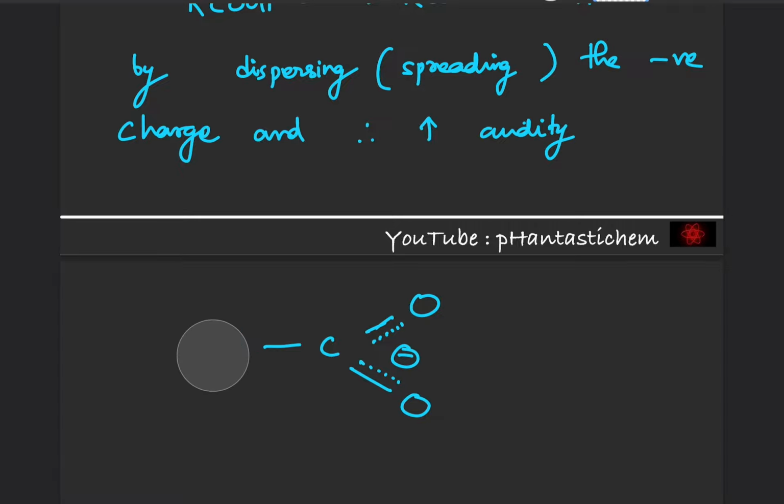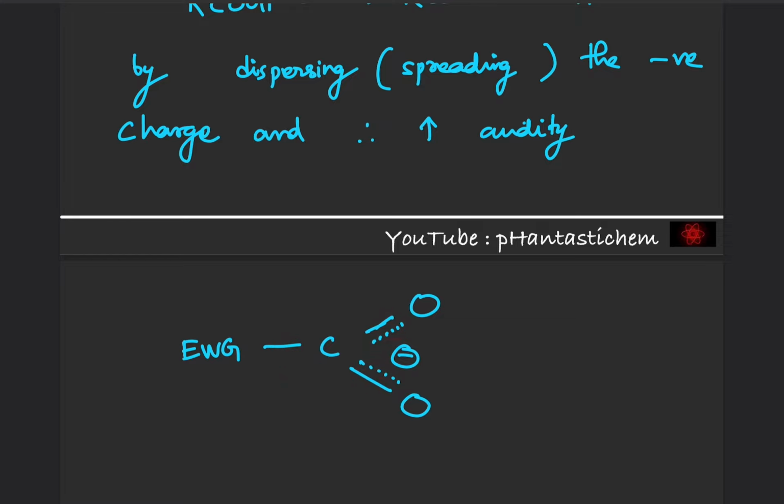Instead of R, let's write an electron withdrawing group. Obviously this will take away electrons. There is already negative charge in this system, so electron withdrawing groups pull this negative charge, decreasing it a bit in the system, and hence stabilize the carboxylate ion by spreading it, by taking out some of the negative charge.